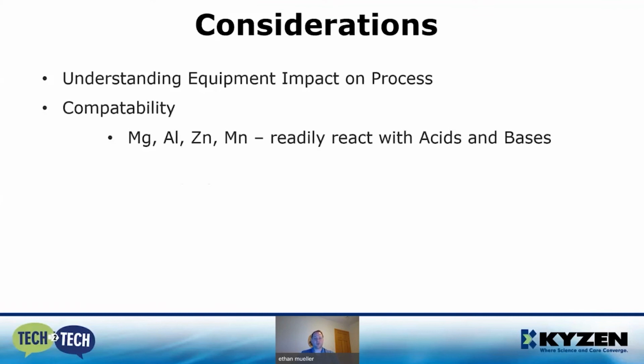Compatibility. This is something that you really want to consider when you're dealing with soft metals. And hopefully your chemical vendor would know a lot about this, so you don't have to do a lot of legwork. They just know upfront whether their product will react with your metal or not. But once again, that's definitely something that you want to take into consideration when you're looking for a cleaning product.